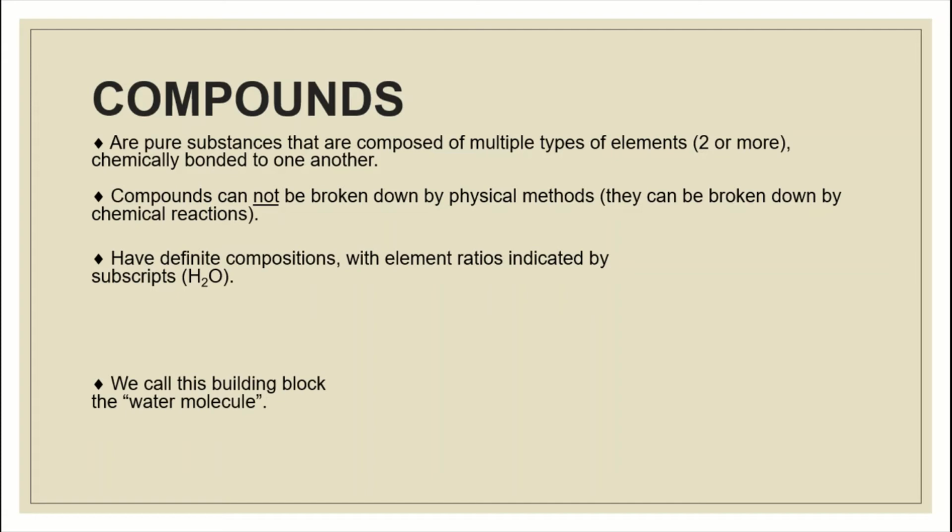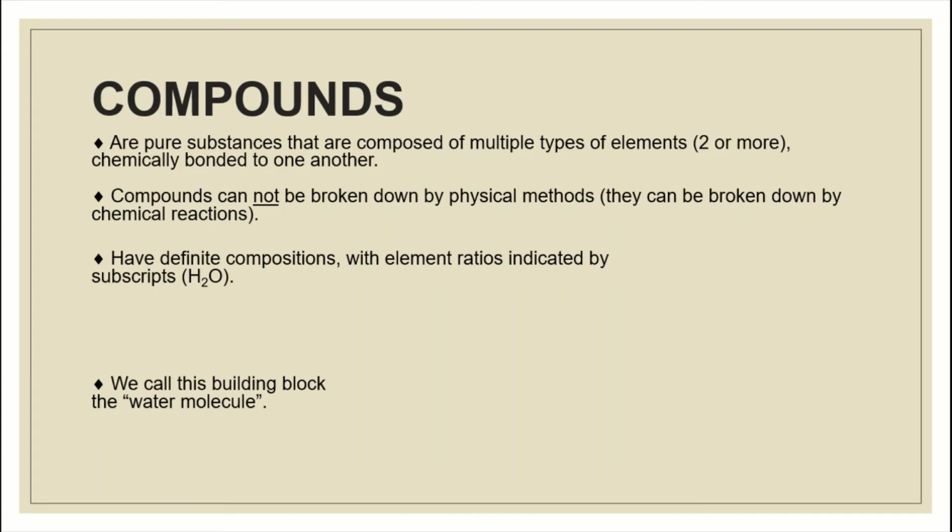So, walang physical na method na pwede mo siyang mapaghiwalay. Only possible na mapaghiwalay mo siya once na compound na or chemically bonded through chemical reactions. Have definite compositions with element ratios indicated by subscripts, like H2O.